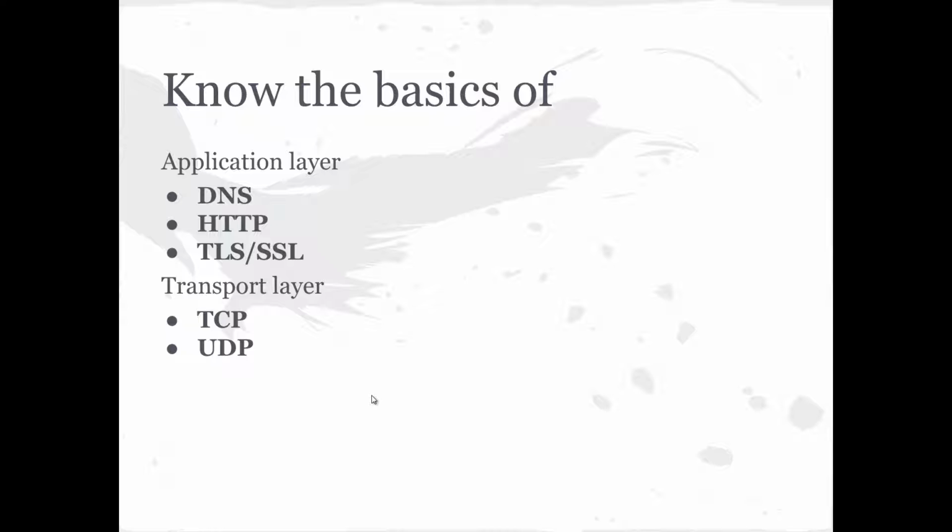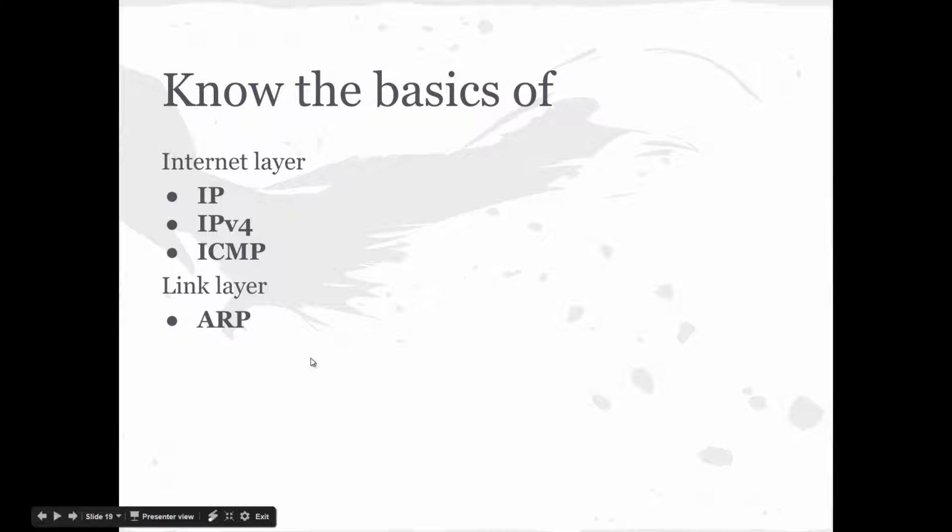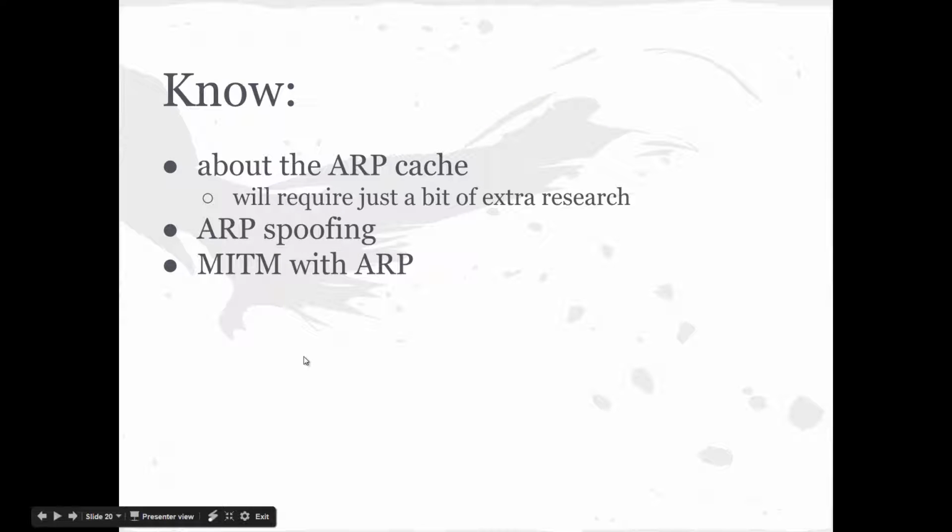You should know the basics of these protocols and what they are used for, their weaknesses, and how they may be abused. You should know specifically about the ARP cache and ARP spoofing and how that enables man-in-the-middle style network attacks.